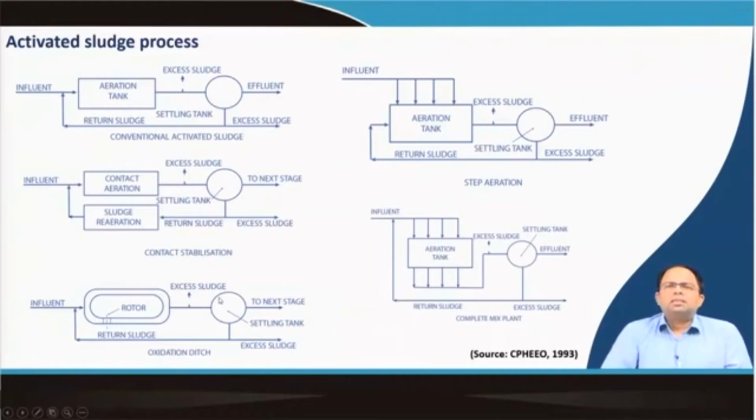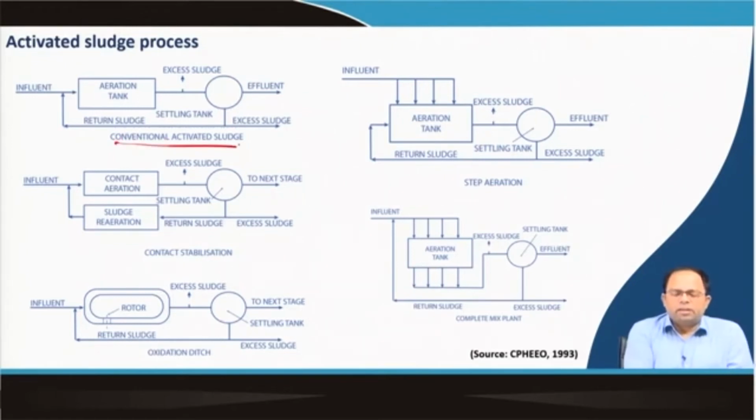So, this image shows you certain different forms of the activated sludge process. For example, in the first process, you can see it is a conventional activated sludge process. So, we have influent coming in from the primary sedimentation tank, it comes into the aeration tank, then the sludge is formed, and this is a settling tank from where we can take out the effluent.